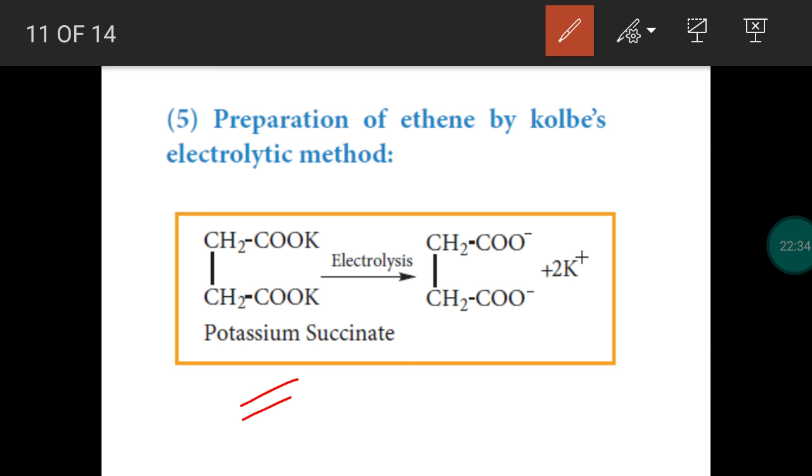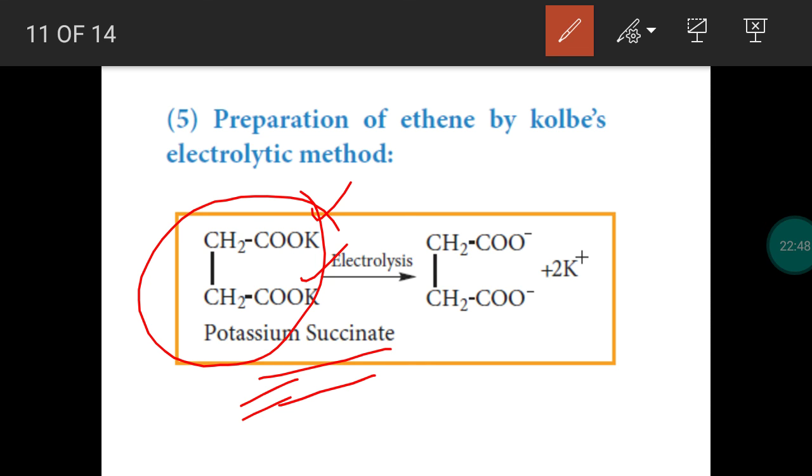So this is succinic acid, CH2COOH, CH2COOH. The hydrogen atoms are replaced by potassium ions. So this is the potassium salt of succinic acid, potassium succinate.